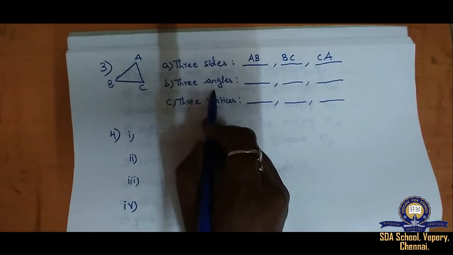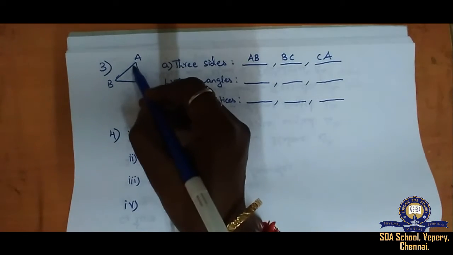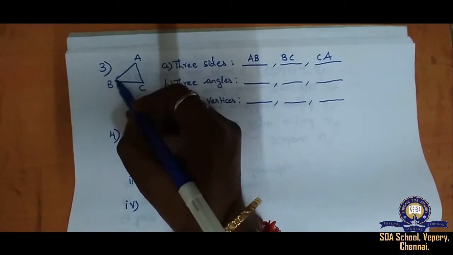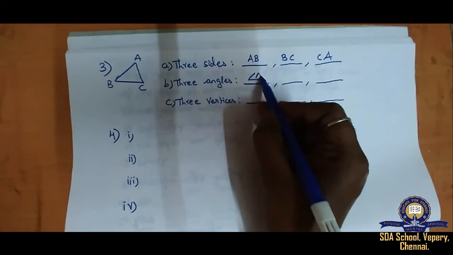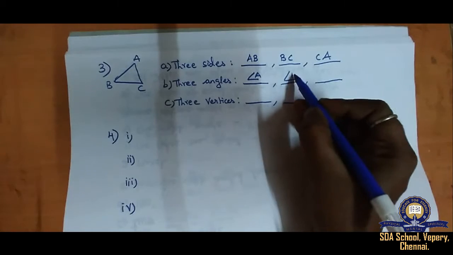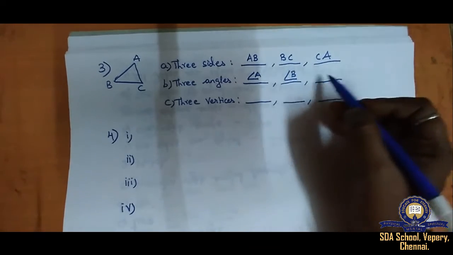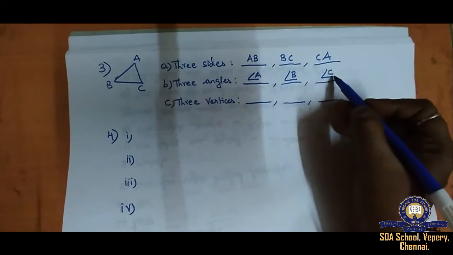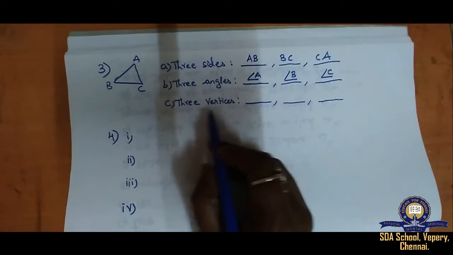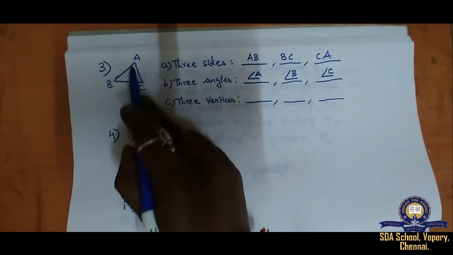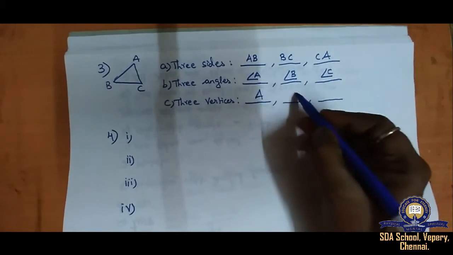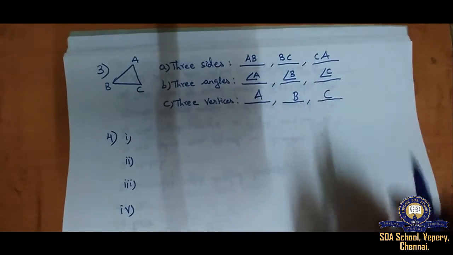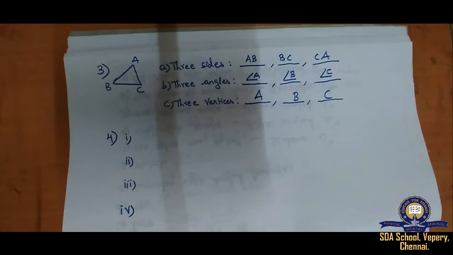Next, three angles. One angle is A, B is another angle, C is another angle. So you have to write like this. This is the symbol for angle, angle C. Three vertices: A vertex, B vertex and C vertex. That's all about the third question.